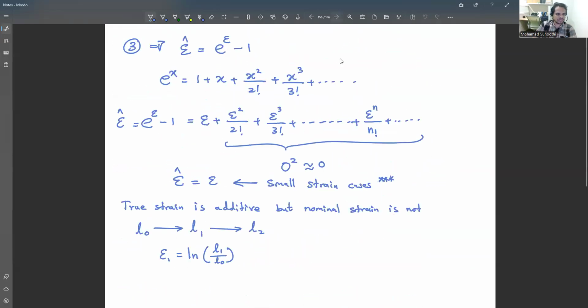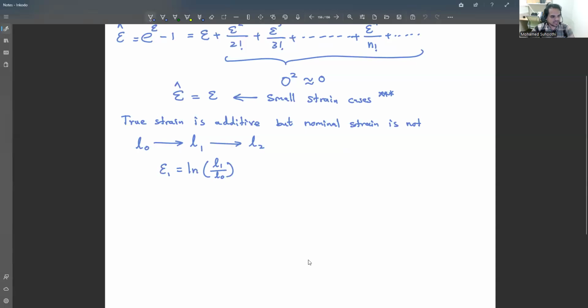So here my final length is L1, initial length L naught. Similarly, in the second case, epsilon 2 will be ln of L2 over L1. Why L1 now? Because I am taking the strain for the second case, and for the second case the initial length is L1, right?